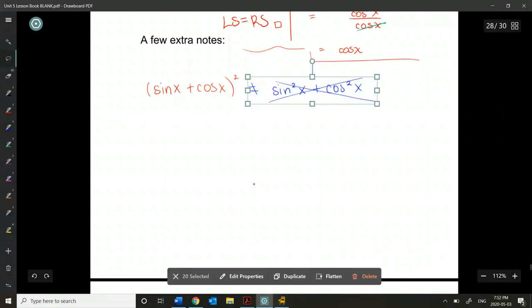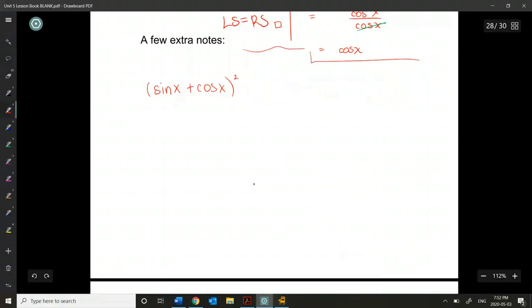What we can do if we want to express this in a different way to be able to work with it is we can actually FOIL this expression out. So this is actually equal to sine x plus cos x times sine x plus cos x, which means that we'll simply FOIL, doing first, outside, inside, last, and this is what we'll get.